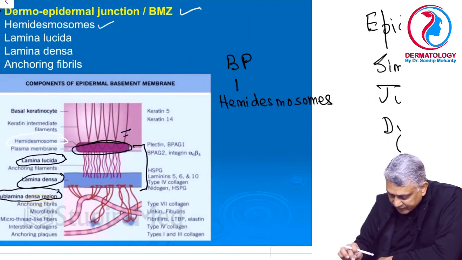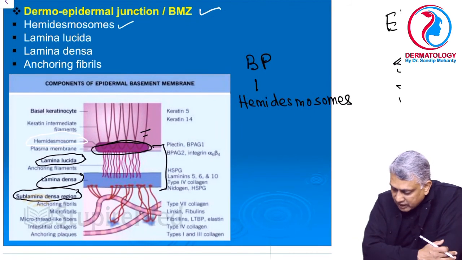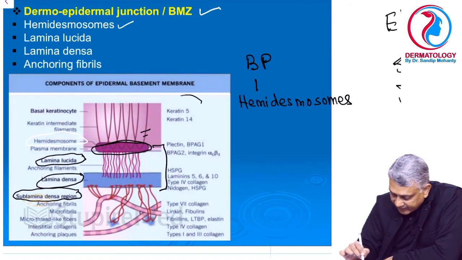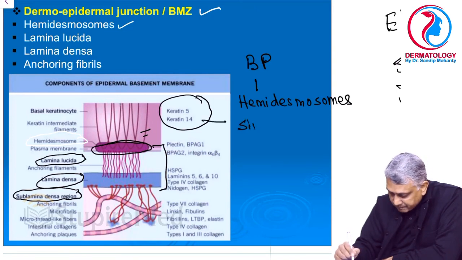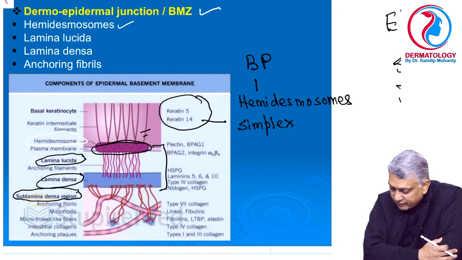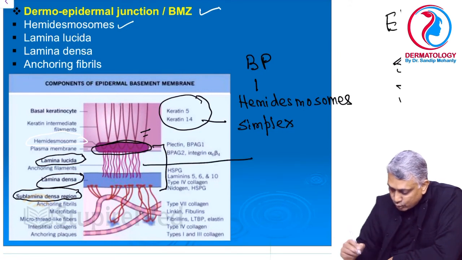Now see here, in simplex variant, the genetic defect is in keratin K5 and keratin 14. Now the location of genetic defect in junctional variant is lamina lucida.